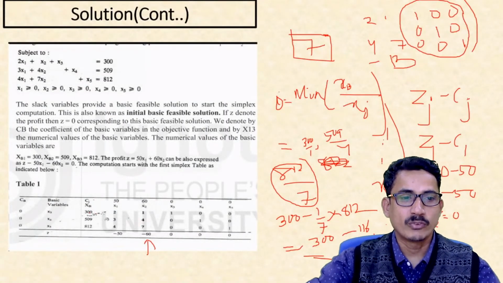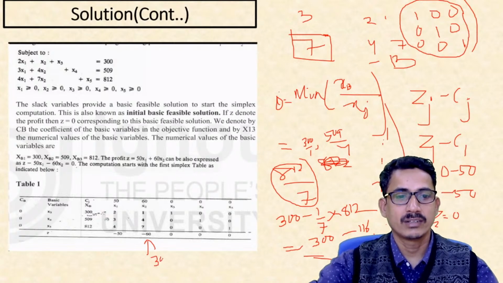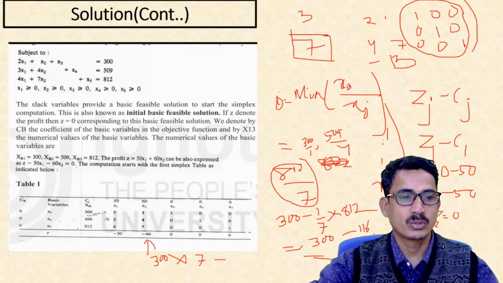Now which position do you want to find out? That into k element, that into k element. I mean 300, let me write here. 300 into k element is what? 7. Minus, so which do you want to find out? Target minus corresponding cross position.